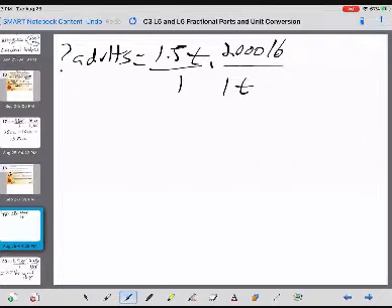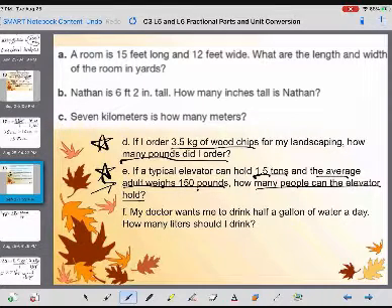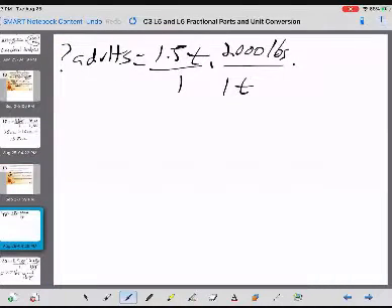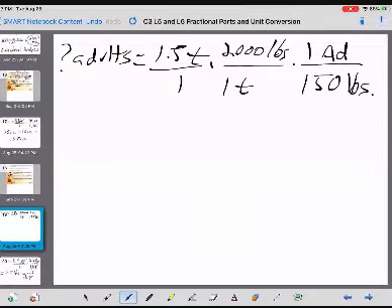Great. Now, how can I get rid of pounds? I'm trying to get to adults. If we look back at our question, the average adult weighs 150 pounds. So again, I'm going to put pounds on the bottom to cancel: 150 pounds for every 1 adult. So tons are going to cancel and pounds are going to cancel.